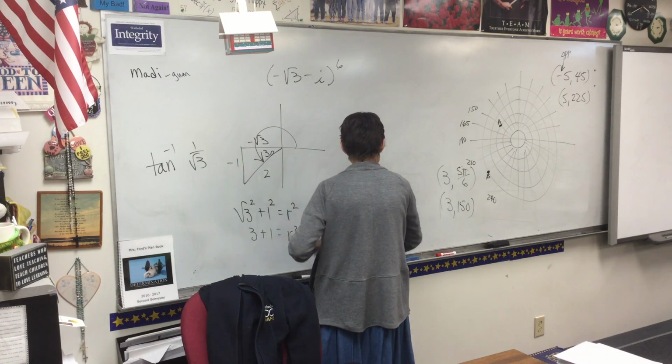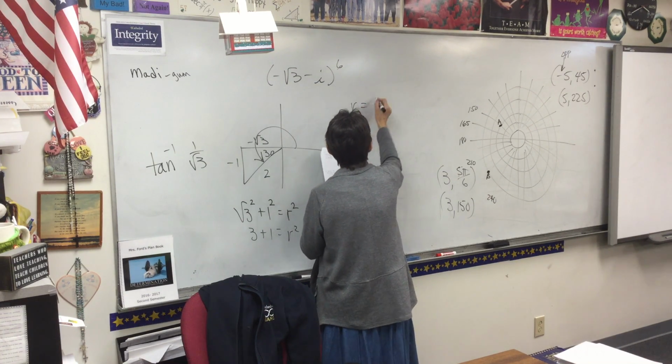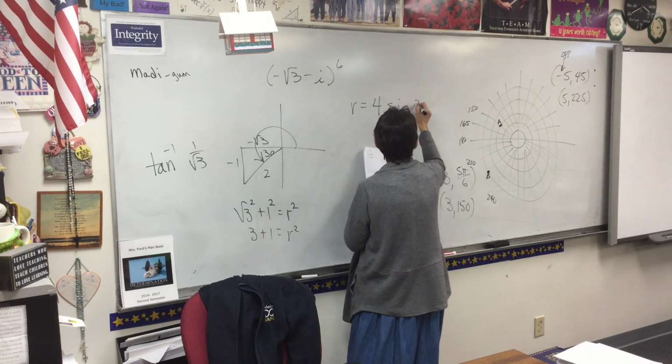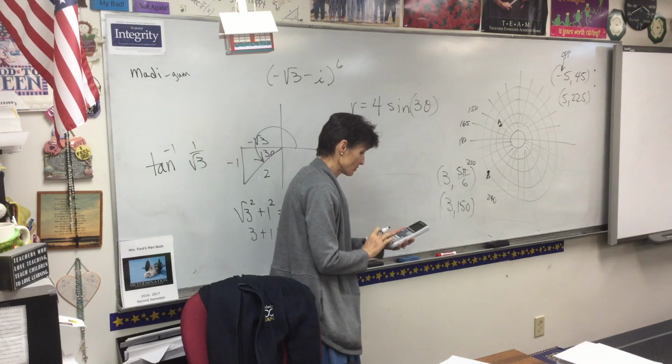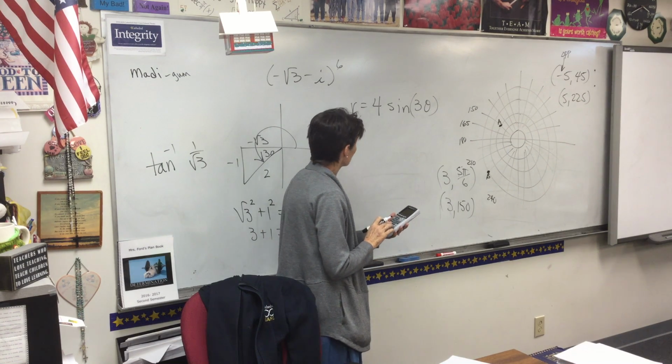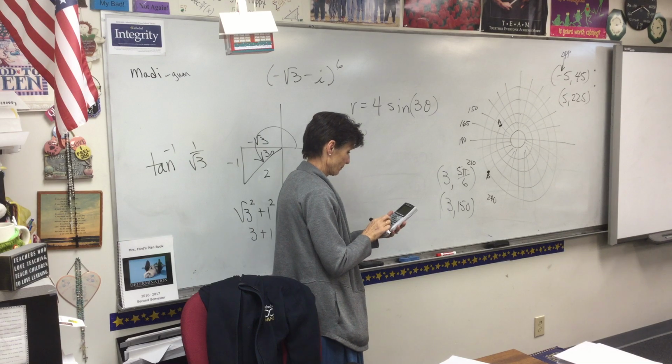Now we're going to graph and reproduce it onto our paper. It's a rose. Yeah, you've already figured out it's a rose. And it's 4.